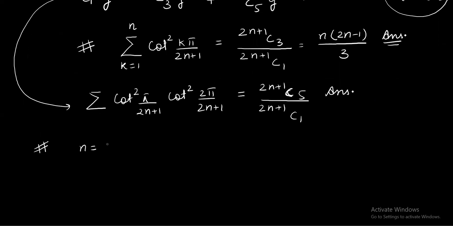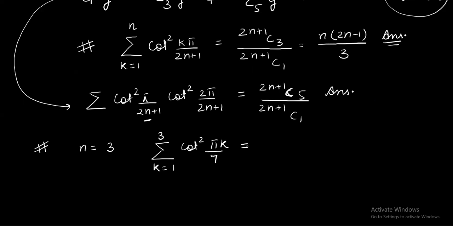Like if I keep n equal to 3, then my question will convert to the form: prove that sigma cot square k pi by 7, where k starts from 1 and goes till 3.